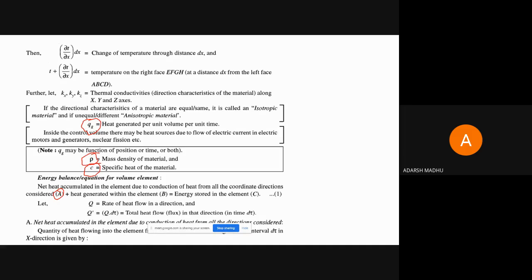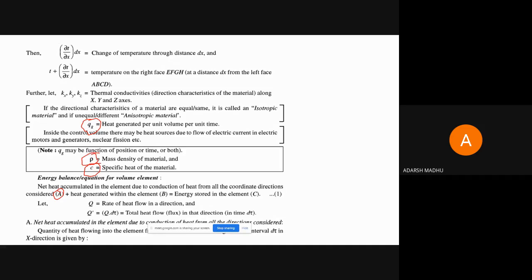First of all, we considered an element along an axis, like the x-axis. We have already derived this, so I am not explaining the derivation here.